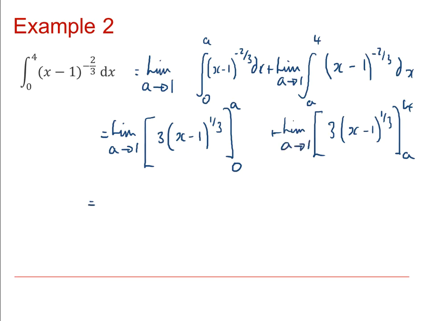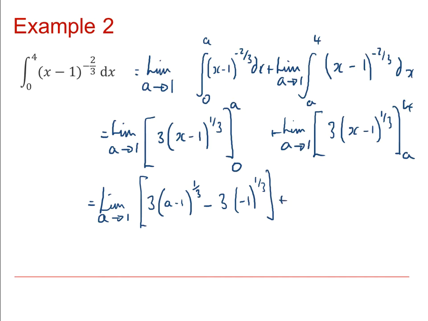So we get the limit as a approaches 1 of 3 (a minus 1) to the 1/3, and then minus 3 multiplied by (negative 1) to the power 1/3. Then we're adding to that the limit as a approaches 1, putting 4 into here, 3 multiplied by 3 to the power 1/3, and then minus 3 multiplied by (a minus 1) to the power 1/3.